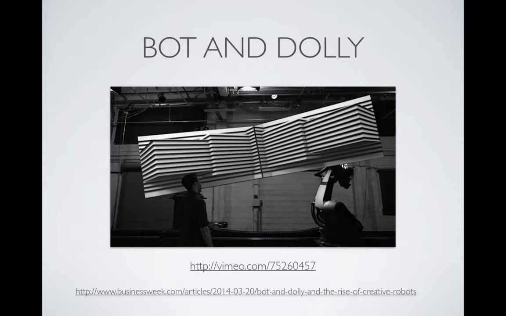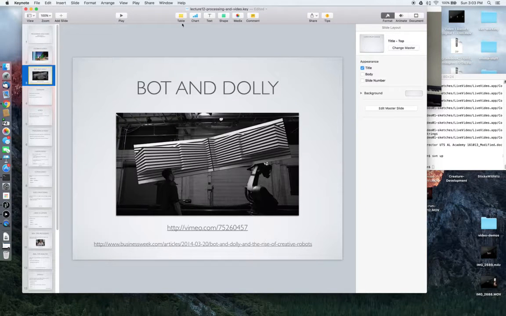This is essentially two robotic arms manipulating projection surfaces, and if the computer knows where the projection surfaces are and can control what is being projected, you can get some very interesting effects. So watch the video and check that out, and we'll discuss it in the labs.